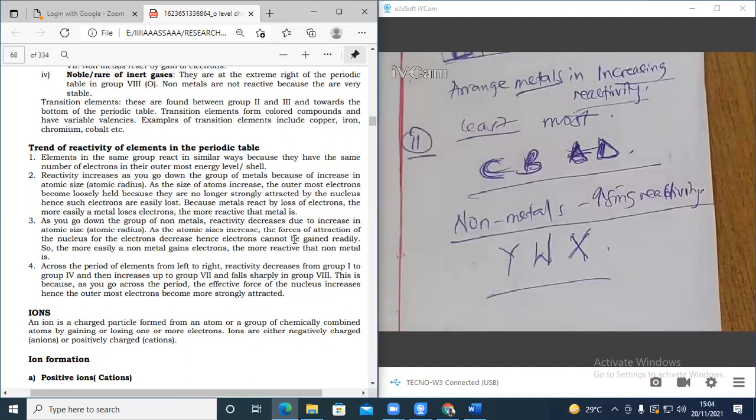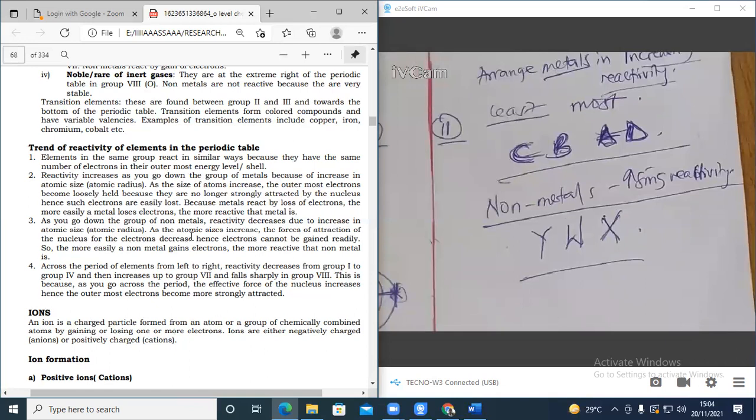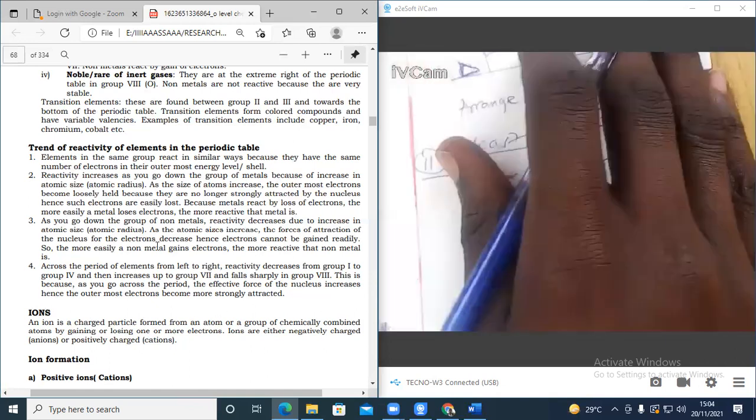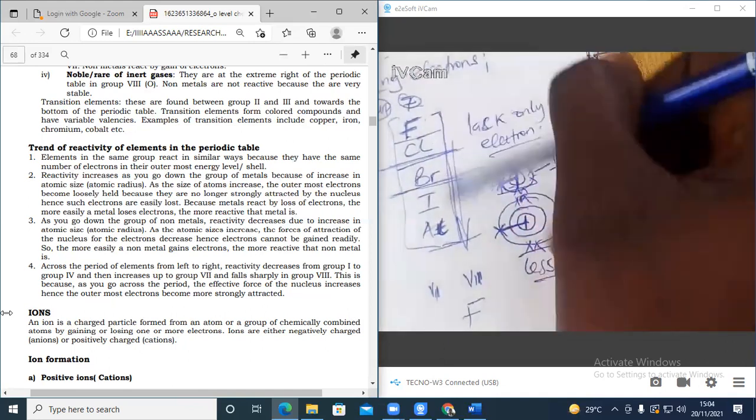Hence, electrons cannot be gained easily. So the more easily a nonmetal gains electrons, the more reactive that nonmetal is. That's what causes the reactivity of nonmetals. So we find that the most reactive nonmetal is fluorine, followed by chlorine, bromine for group 7.